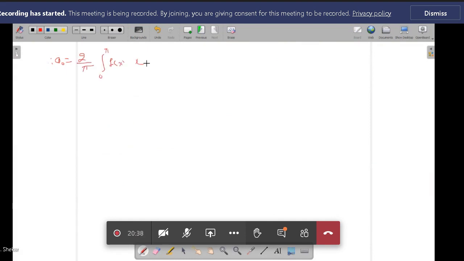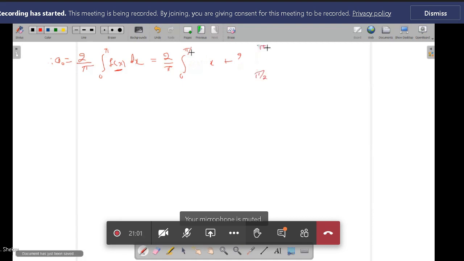Since our function f of x is piecewise, we need to split the integral: 2 by pi integration from 0 to pi by 2 f of x into dx plus 2 by pi integration from pi by 2 to pi f of x into dx, where the function in the interval 0 to pi by 2 is just x.